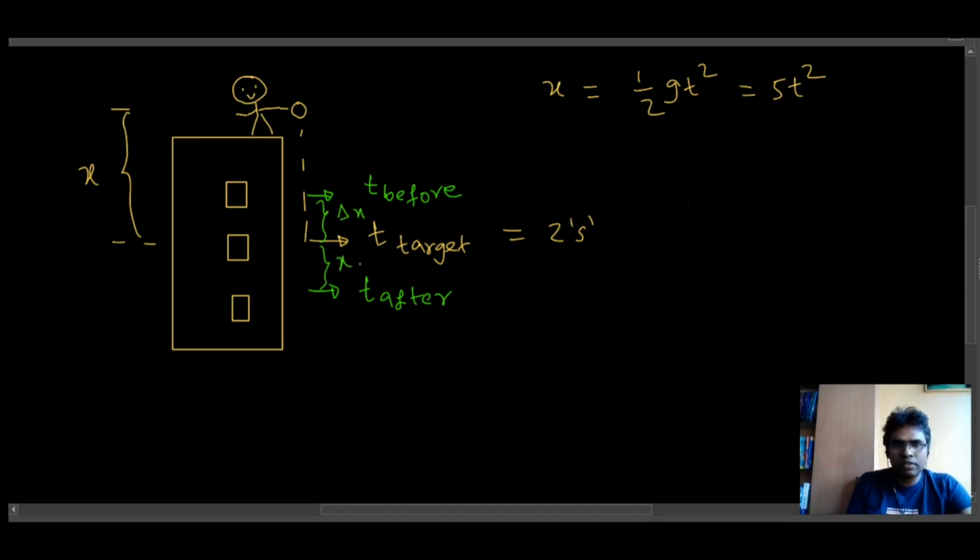Once you get the displacement, evaluate the average velocity by using this displacement and the tiny time interval. So you need to ensure that the times that you are selecting, either before the target time of 2 seconds or after, are very close to 2 seconds.